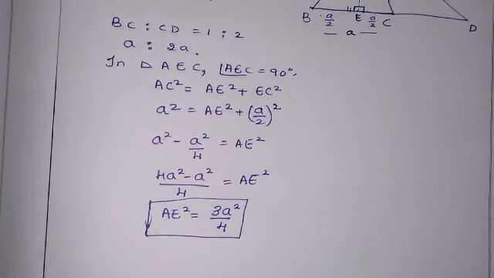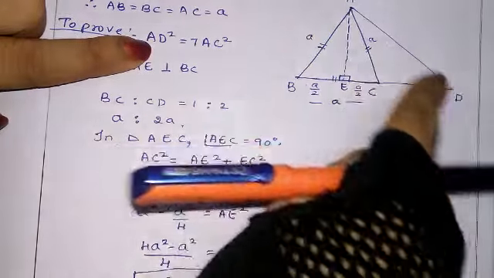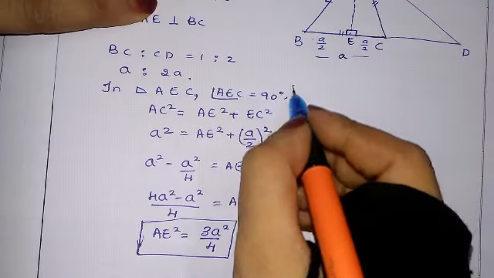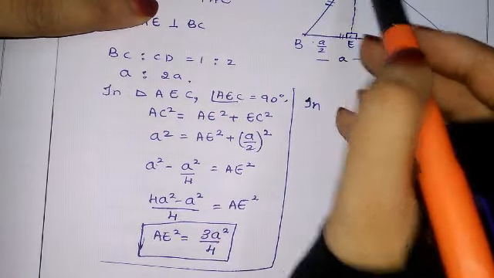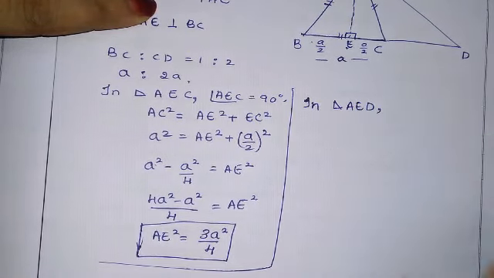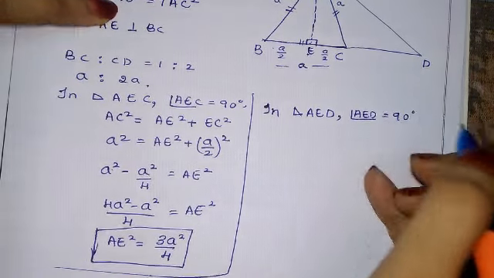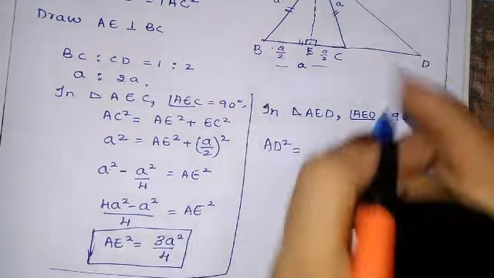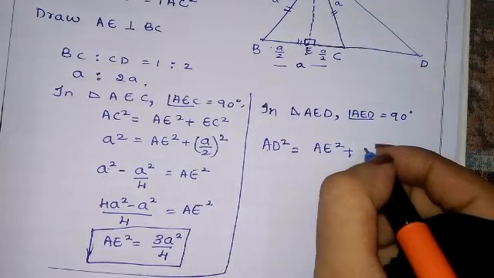Now our focus is AD square. AD comes in this big triangle. In triangle AED, we can see that angle AED is 90 degrees. So by Pythagoras theorem, AD square is equal to AE square plus ED square.